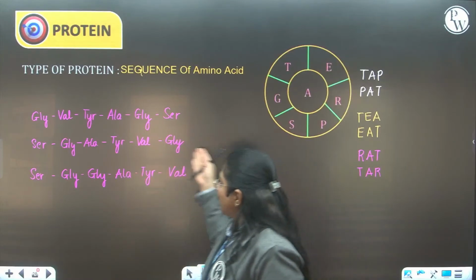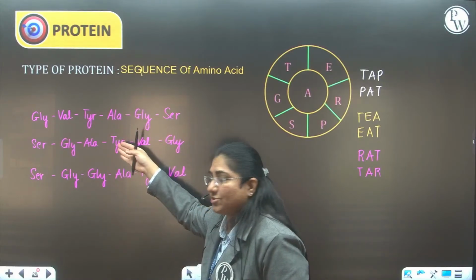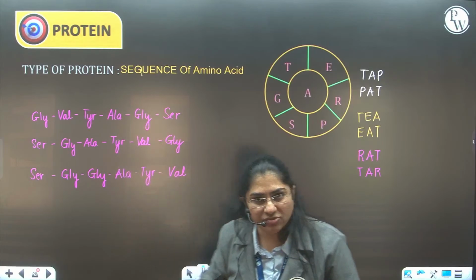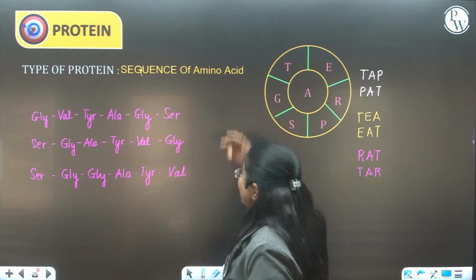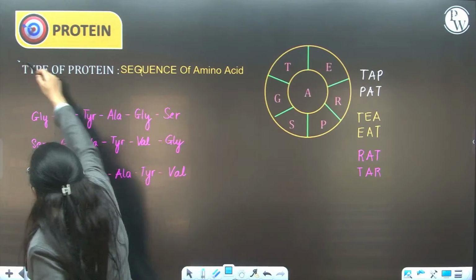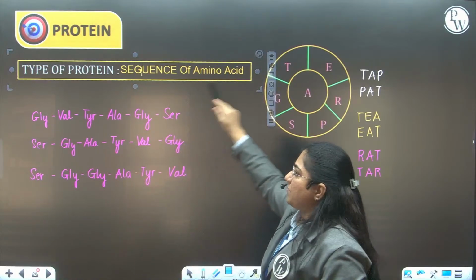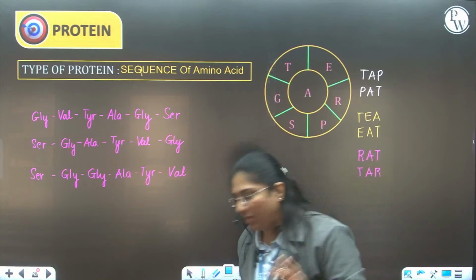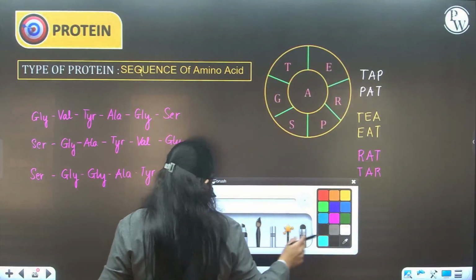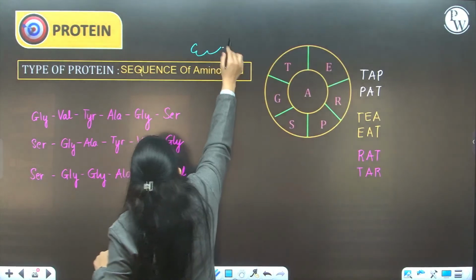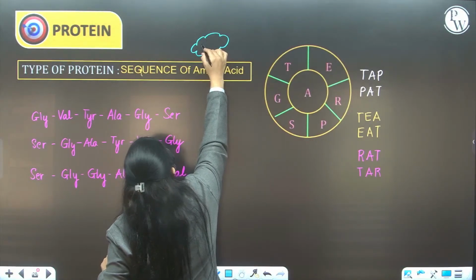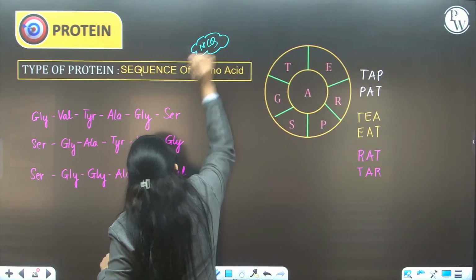If I just reverse the sequence, as you can see in the first two, the type of protein changes. So what decides the type of protein is the sequence of amino acids. The type of amino acid is decided by the R group, and the type of protein is decided by the sequence of amino acids. Again, a very important question for our NEET. Be very careful.